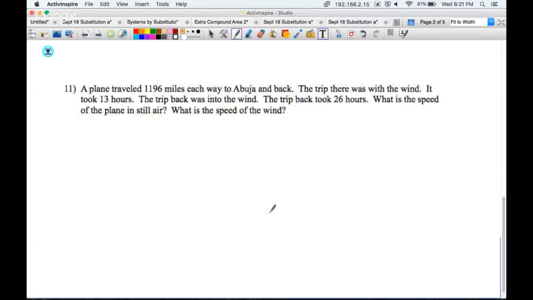So to figure this one out, we need just a very simple equation from physics. Distance equals speed times time, and that is ground speed. To get the ground speed, you have to take your air speed and either add it to the wind speed if you're going with the wind, or subtract the wind speed if you're going against the wind. So we'll use P for plane speed and W for wind speed.